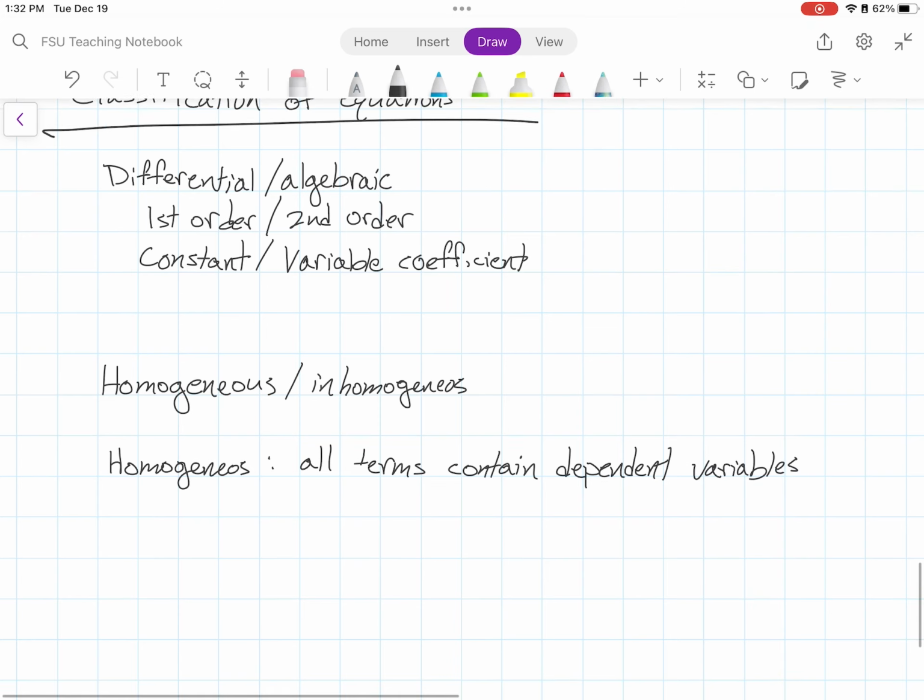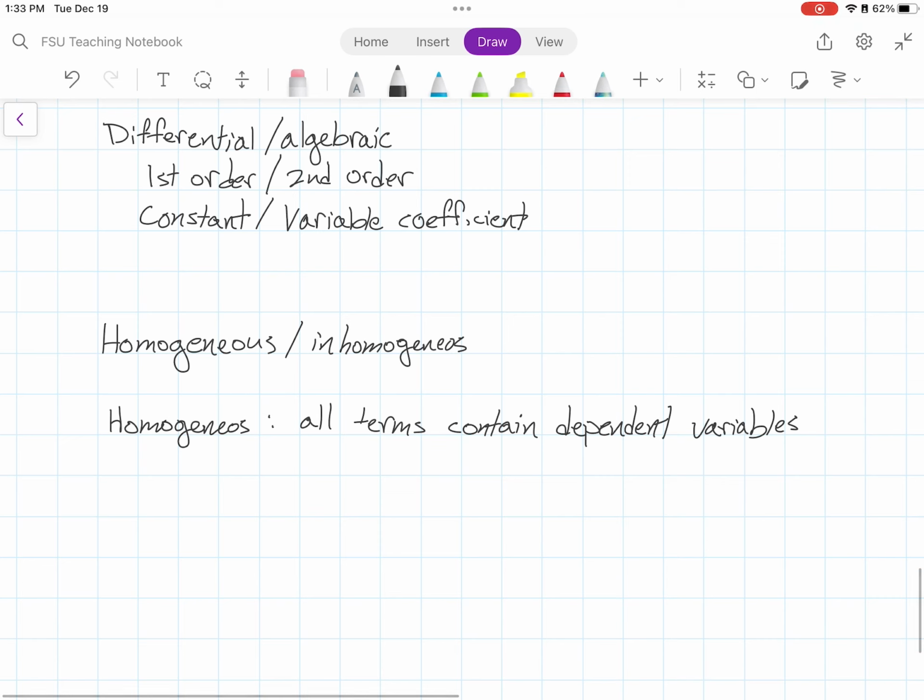So for example, if you have x plus y equals 0, which is an algebraic equation, every single term, 0 not necessarily counting, contains a dependent variable, assuming time is our independent variable. So this one is homogeneous.